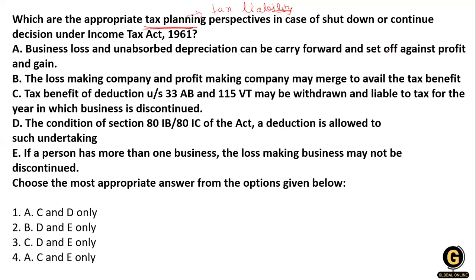Under the Income Tax Act 1961, unabsorbed depreciation can be set off against any other head of income, and the remaining amount can be carried forward to subsequent years and set off against income of those years.